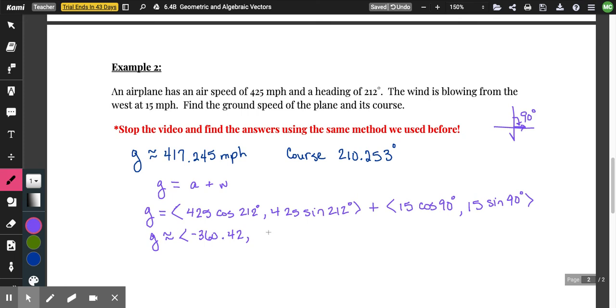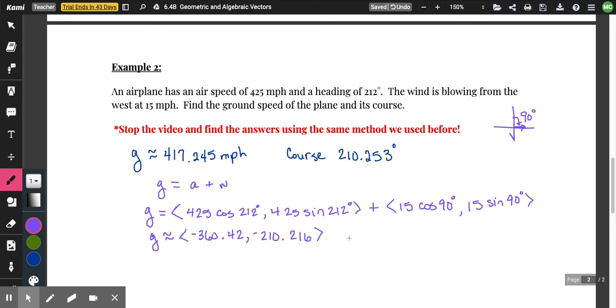And for the y component, I'm putting in the y component of the airspeed plus the y component of the wind speed, and that gave me negative 210.216. Okay, so now this gives me a component vector for my ground speed.